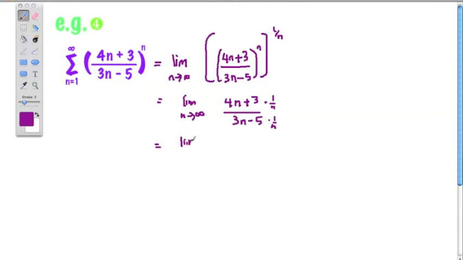So we will get the limit as n goes to infinity of 4 plus 3 over n over 3 minus 5 over n.